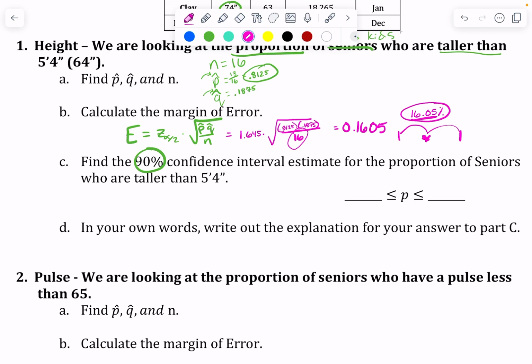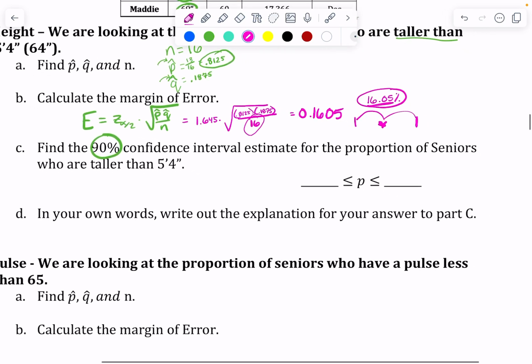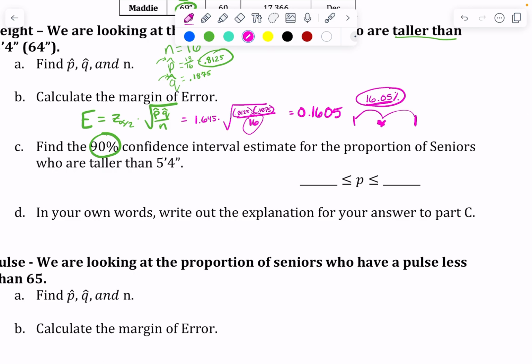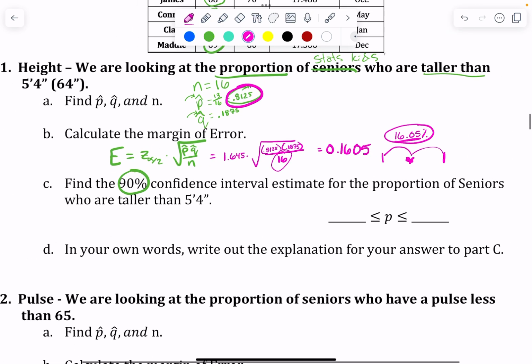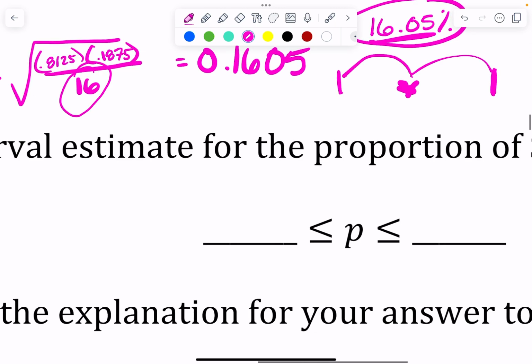C says find the 90% confidence interval estimate for the proportion of seniors who are taller than 5'4". So all I do is use this 0.8125, and I add and subtract 16% to it. I'm just going to put it as a percentage. I don't care if you do percent or decimal.